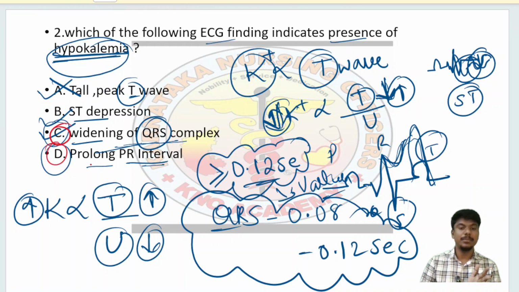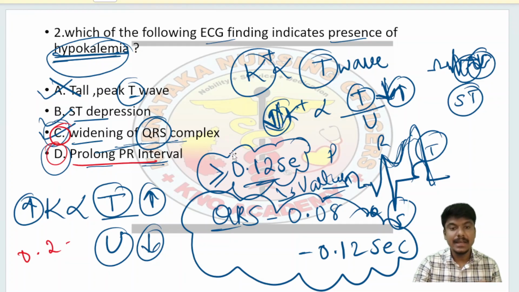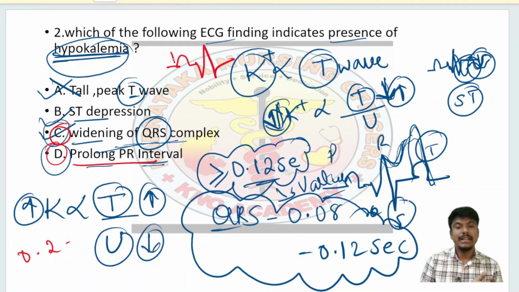And option D, prolonged PR interval. The PR interval is measured from the start of the P wave to the start of the QRS complex.